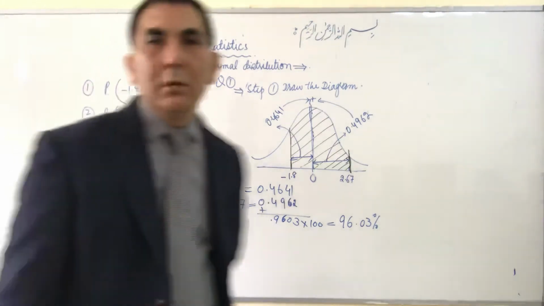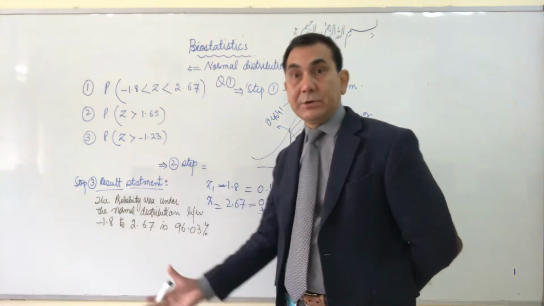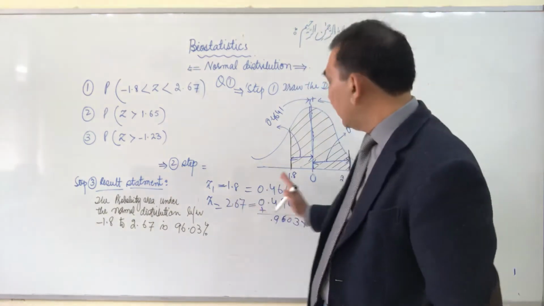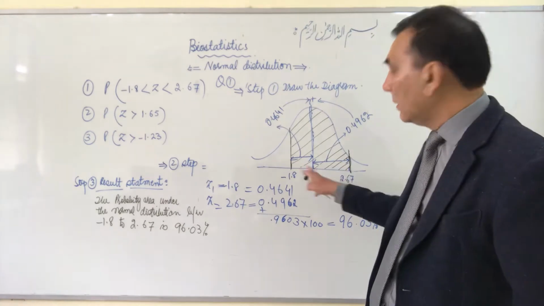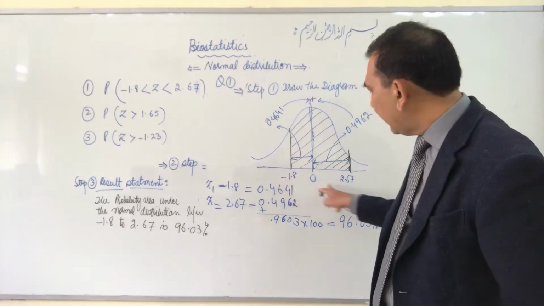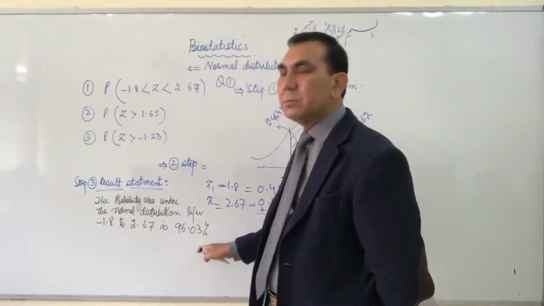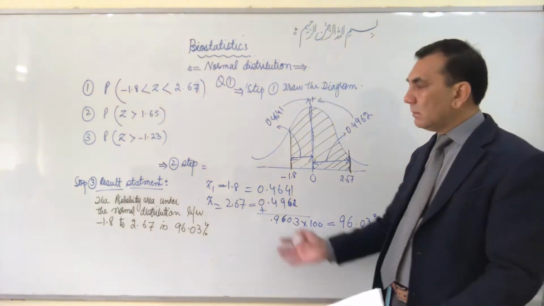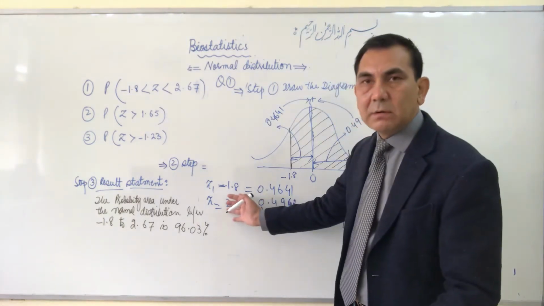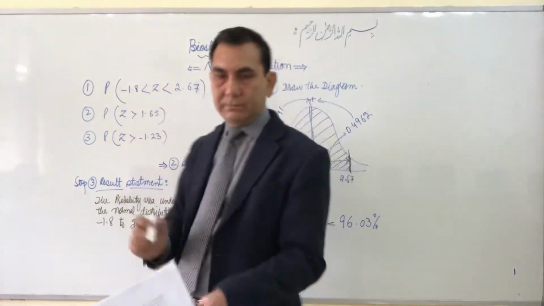Okay. What we will write in step 3? We will write the result statement. So the probability area under the normal curve between minus 1.8 and 2.67 is 96.03%. This is the answer of the first question.